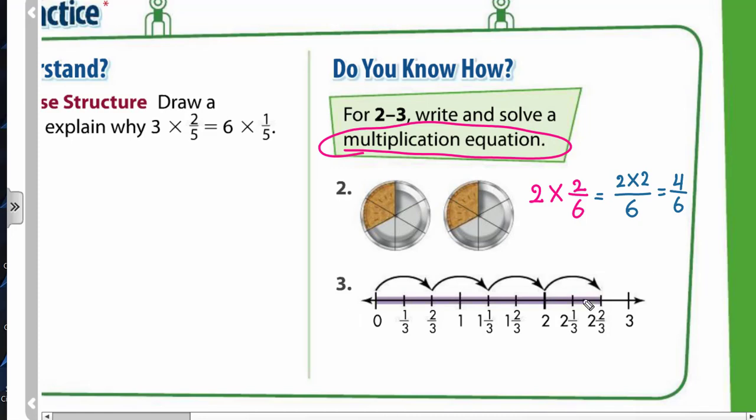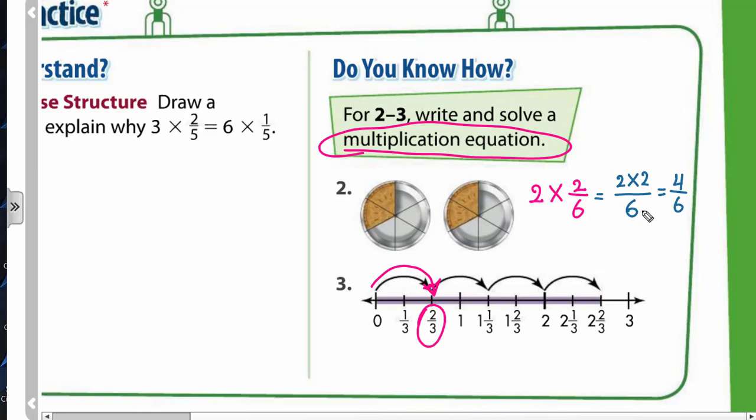What are we repeating? As you can see here, what are we repeating? It's moving up to here. This is the number that we are repeating.